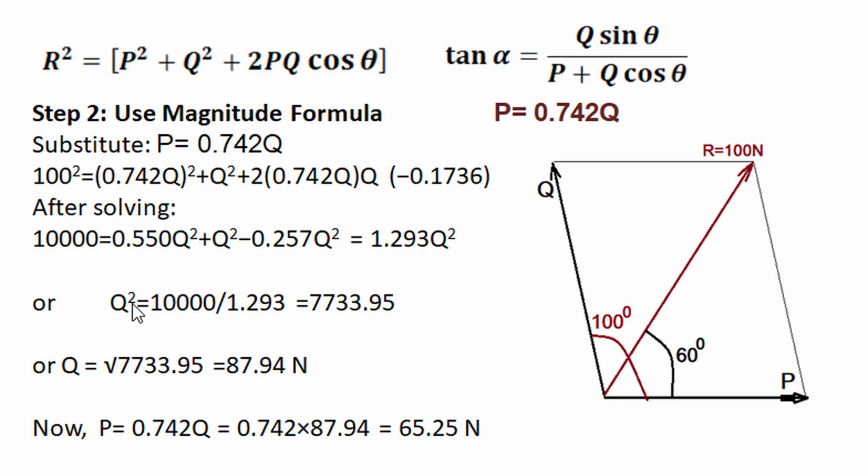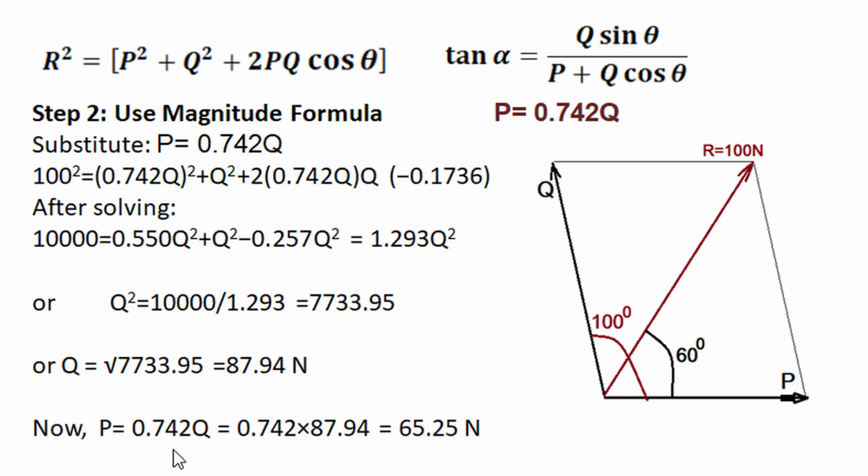So Q square is 10000 divided by 1.293, which is 7733.95, and when we take the square root of this figure, Q comes as 87.94 Newton.